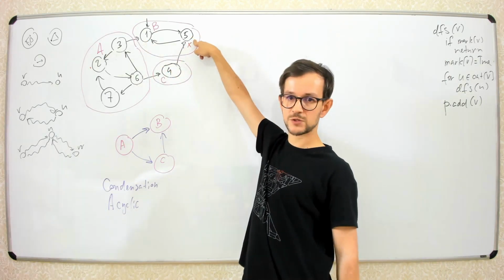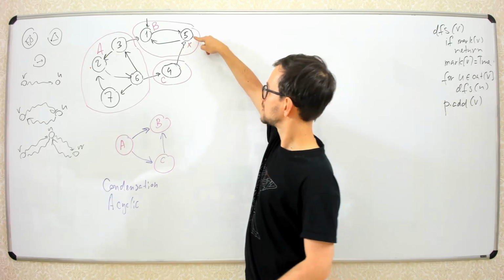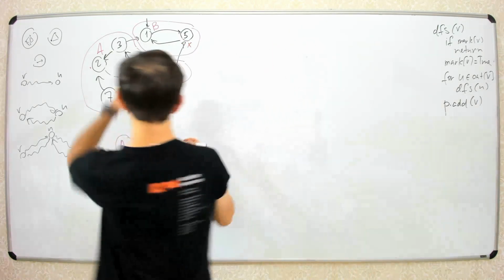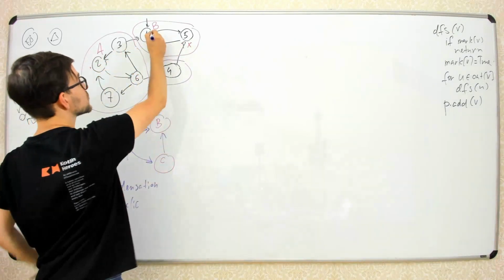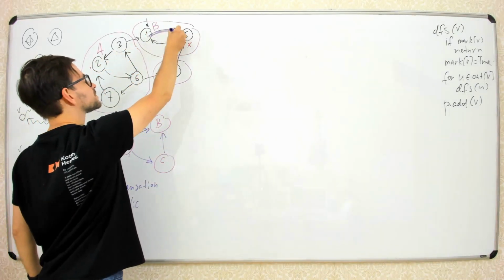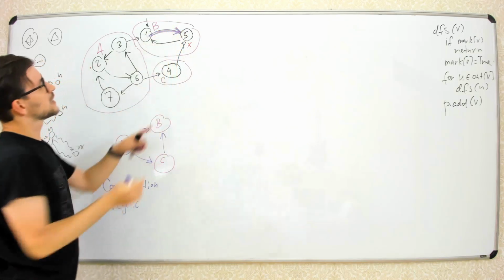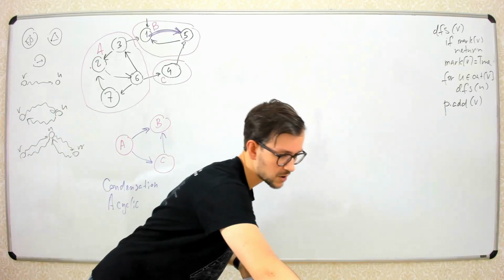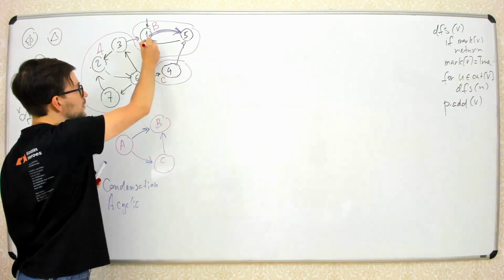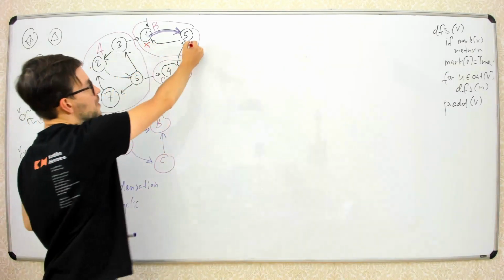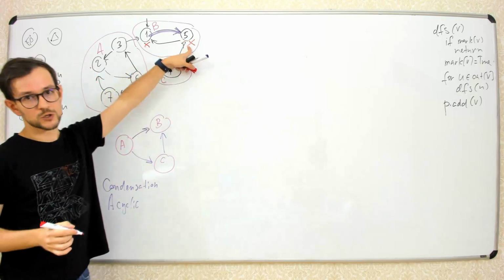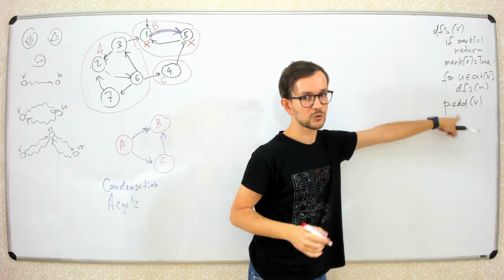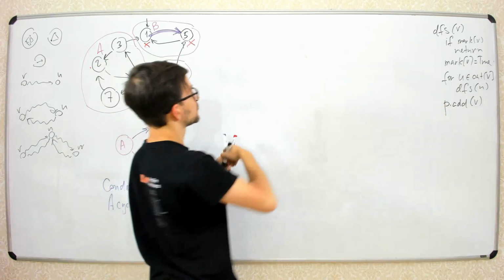Now from node 5 there's nowhere to go, so this DFS exits and I add node 5 to the list.